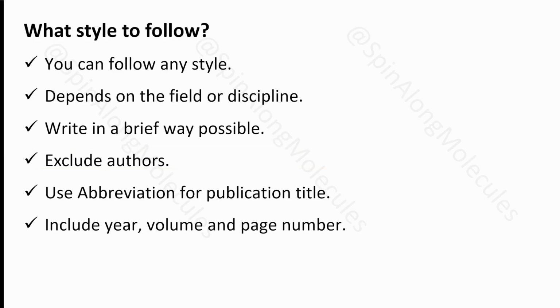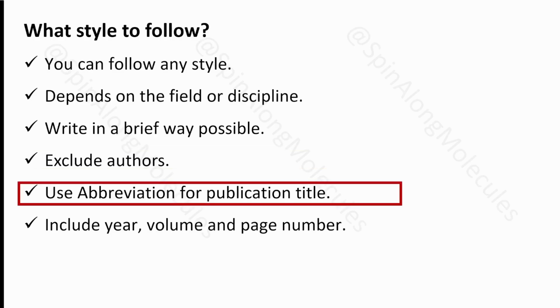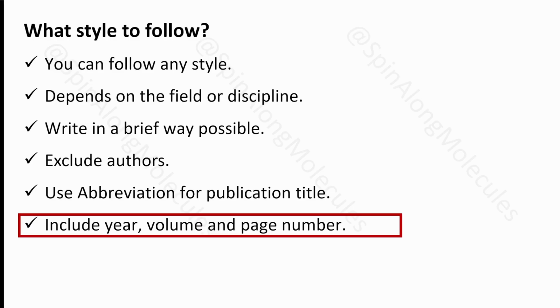You can use an abbreviation for the journal title, not the paper title. I would not recommend adding the paper or publication title. And what you should really include is the year, volume, and page number, so it is easier to track online. But you don't need to write all of the detail like the paper title or all of the authors. You can just add one or two authors if you want.